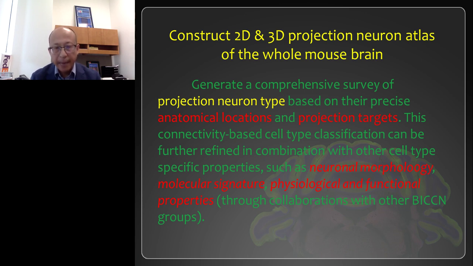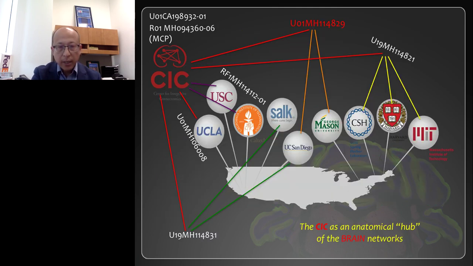And also we have collaborations with other groups funded by the BRAIN Initiative, looking at their molecular signatures and also physiology and functional properties. This work, we have well-developed collaborations through our U01 grant and also with other groups funded by the BRAIN Initiative.